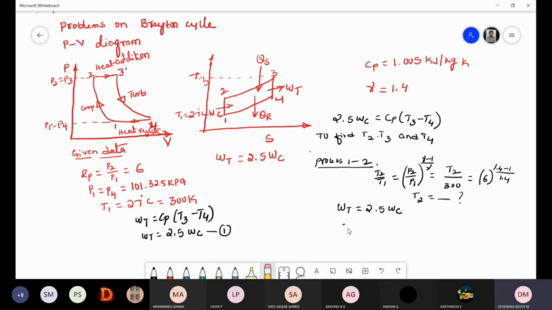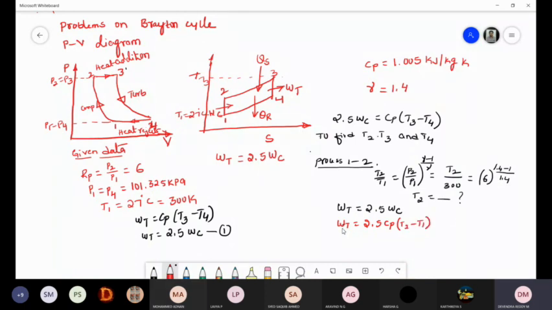You tell me the compressor work now. Cp into T2 minus T1.